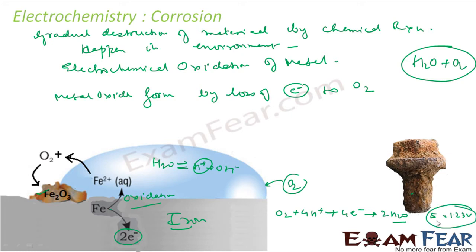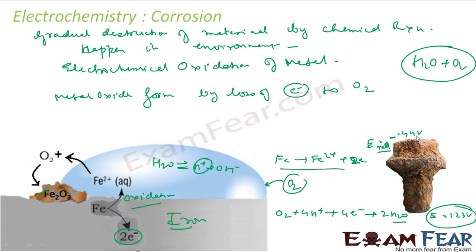Right? Spontaneous reaction. If we talk about the oxidation reaction, Fe gives Fe2+ plus 2 electrons. For this, the E reduction is minus 0.44, but this is the oxidation reaction, so the E oxidation will become plus 0.44.